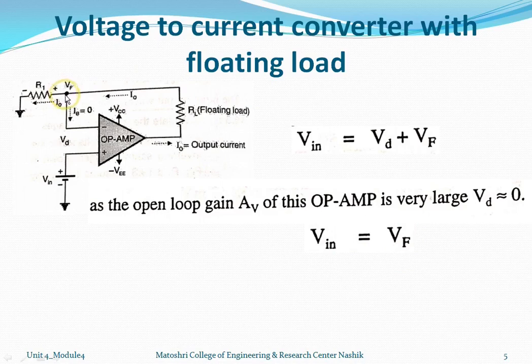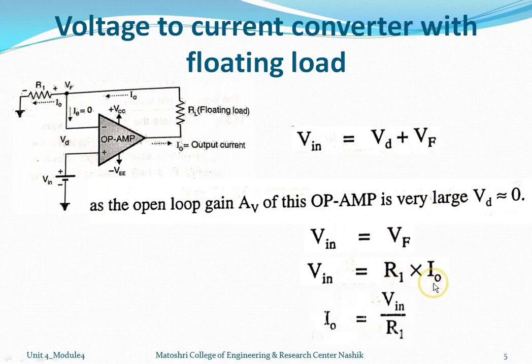Now if we calculate the feedback voltage Vf from this node using KCL or KVL, the output current is flowing through the resistance R1, so whatever the drop across R1 is nothing but our feedback voltage Vf. So Vf is R1 into I0, the output current, and from this equation we get the output current I0 equals the input voltage divided by R1.